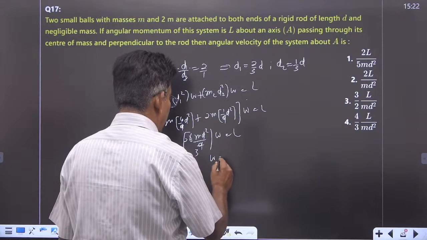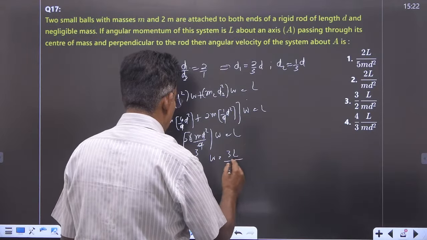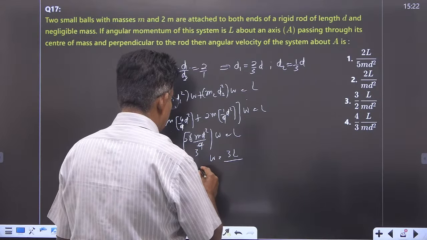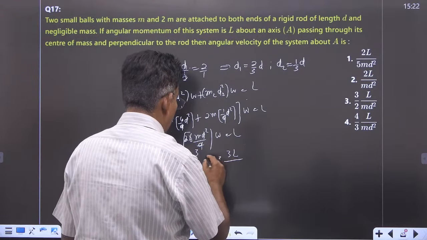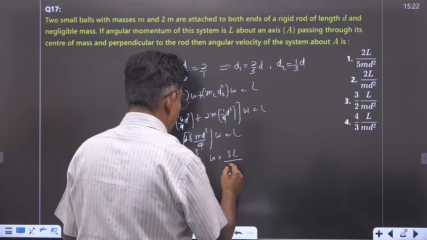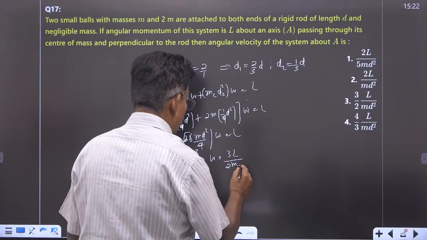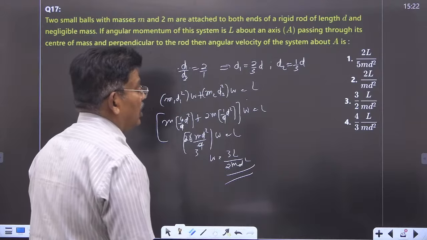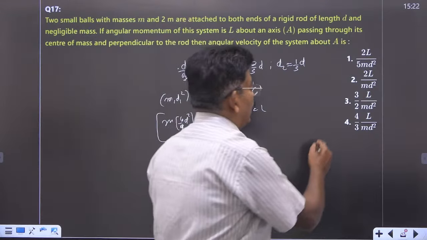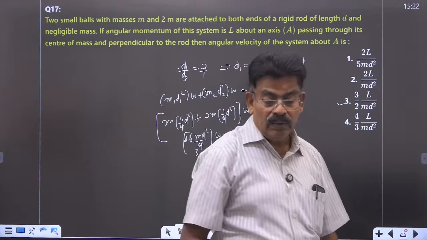Therefore, omega is equal to 3L by 2md square. Yes, 3L divided by 2md square. Answer is this. Okay, direct question.